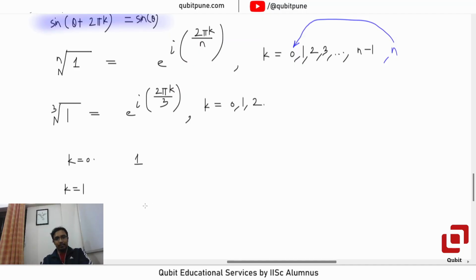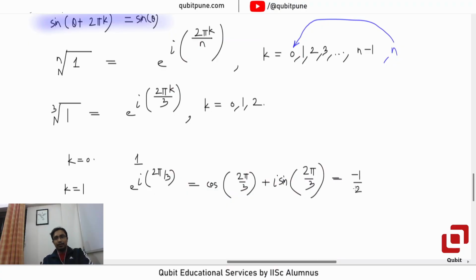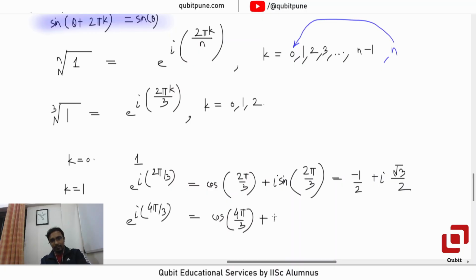When k is equal to 1, we have e to the power i 2 pi by 3, which is cos 2 pi by 3 plus i sine 2 pi by 3, which is negative 1 upon 2 plus i root 3 by 2. And k is equal to 2, e to the power i 4 pi by 3, that's cos 4 pi by 3 plus i sine 4 pi by 3, that is the conjugate of this.